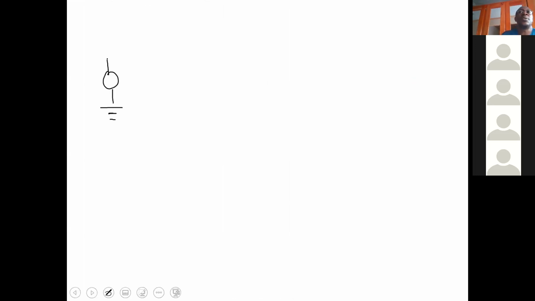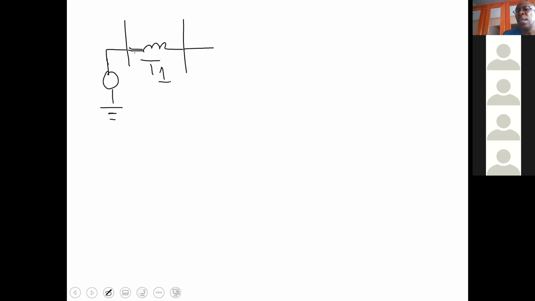So we have our source, and from our source, we then move to bus bar 1. Between bus bar 1, we have a reactance. And this reactance would represent what? The first transformer, zone 1. So we have T1.